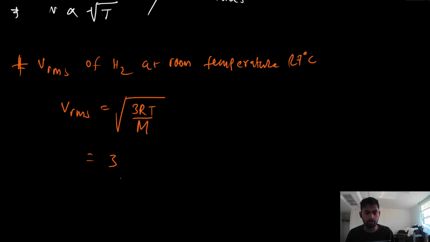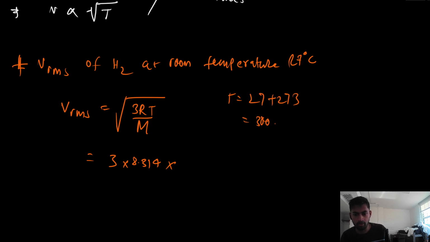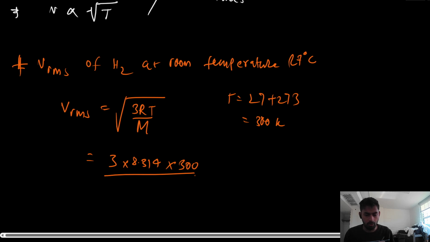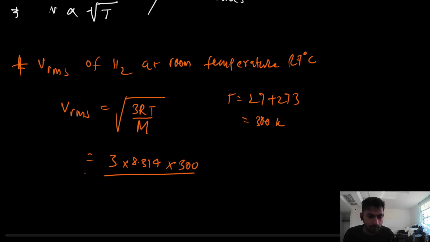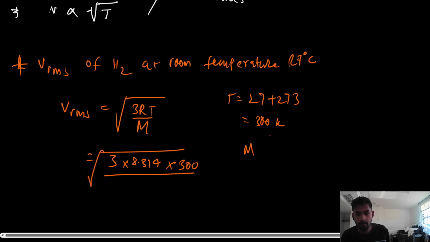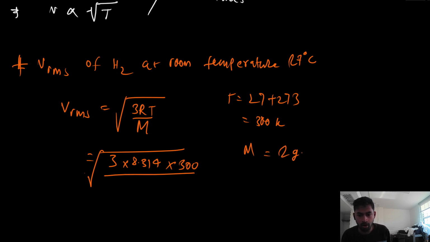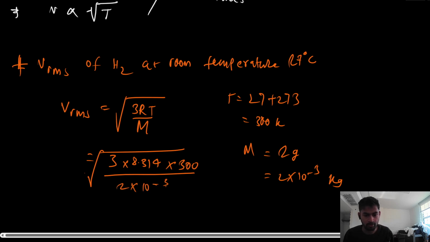Which should be 3 times 8.314 times T, which would be 27 plus 273, which is 300 Kelvins, divided by M again. The molar mass of hydrogen is 2 grams, which would be 2 times 10 to the power minus 3 kilograms. So 2 times 10 to the power minus 3, right?